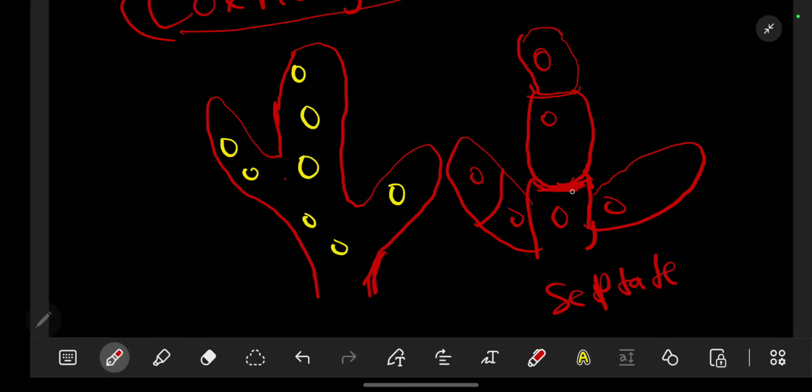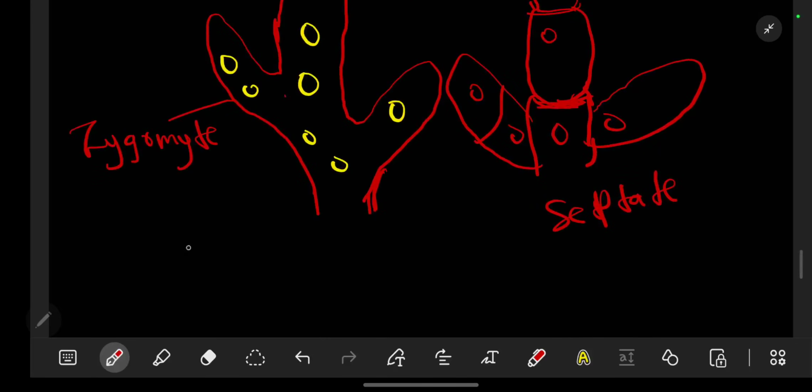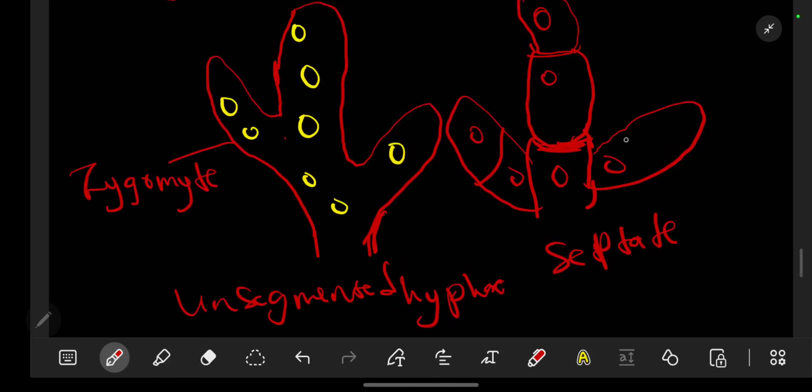As you can see here, there is a cross wall. This is not Zygomycete. This one is unsegmented hyphae, whilst this other one is segmented because it has a cross wall.